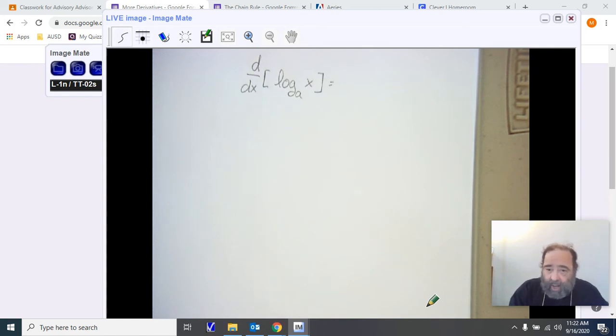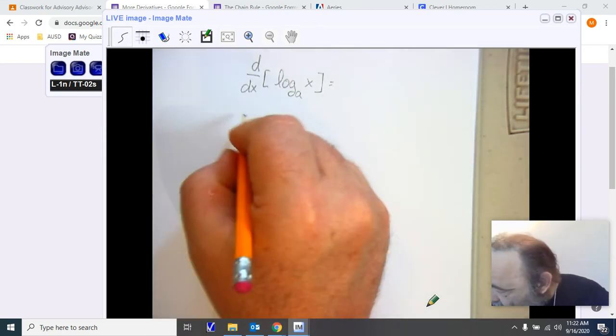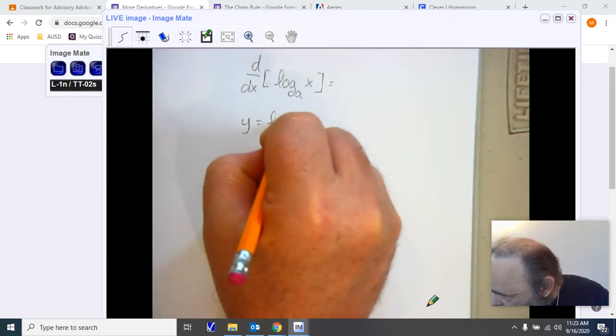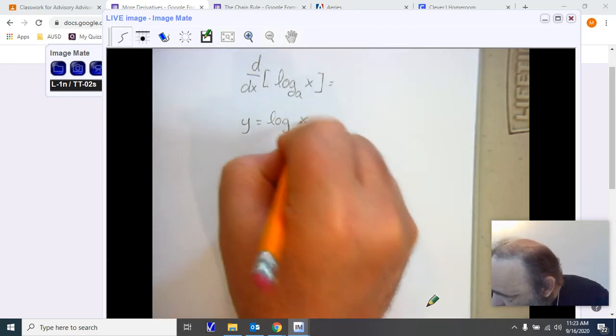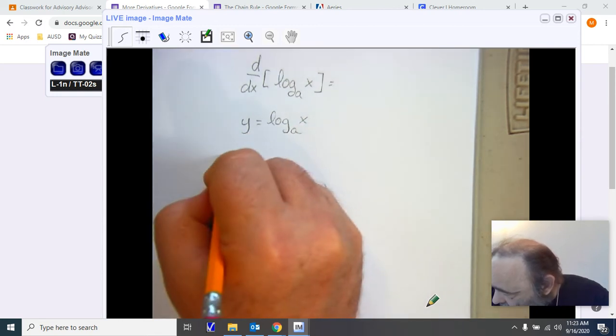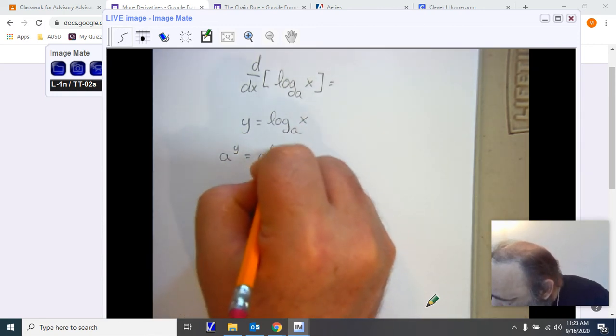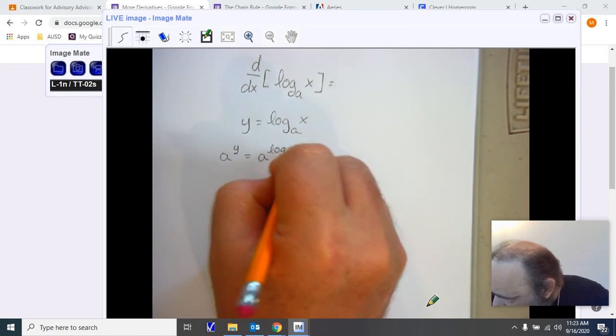Now keep in mind, log base a of x is going to end up following pretty much the same basic properties. So I'm going to start by letting y equal log base a of x. I'm going to exponentiate so that I get a to the y equals a to the log base a of x.